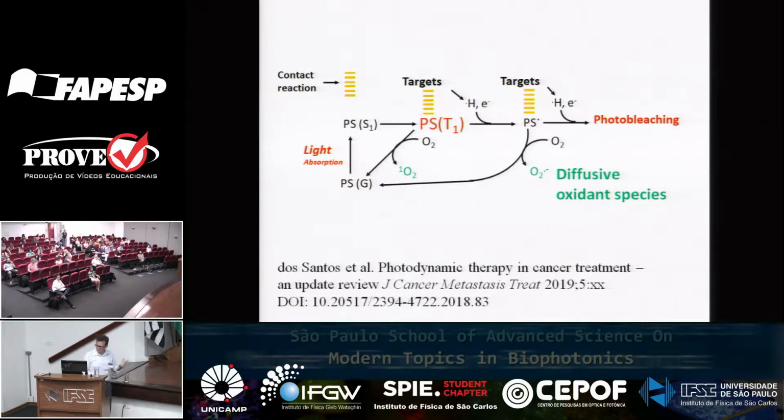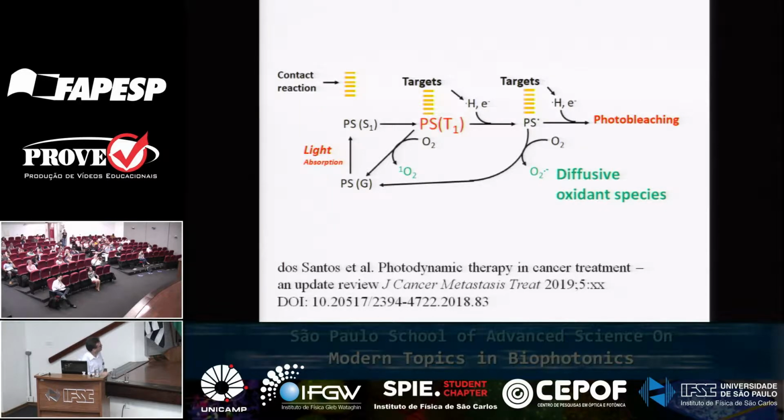Again, remember yesterday, we discussed photosensitized oxidations. You excite with light and form a species that lives long enough or is bound to a target. There are electron transfer reactions, and you end up damaging the biomolecule, the protein, DNA, or membrane.